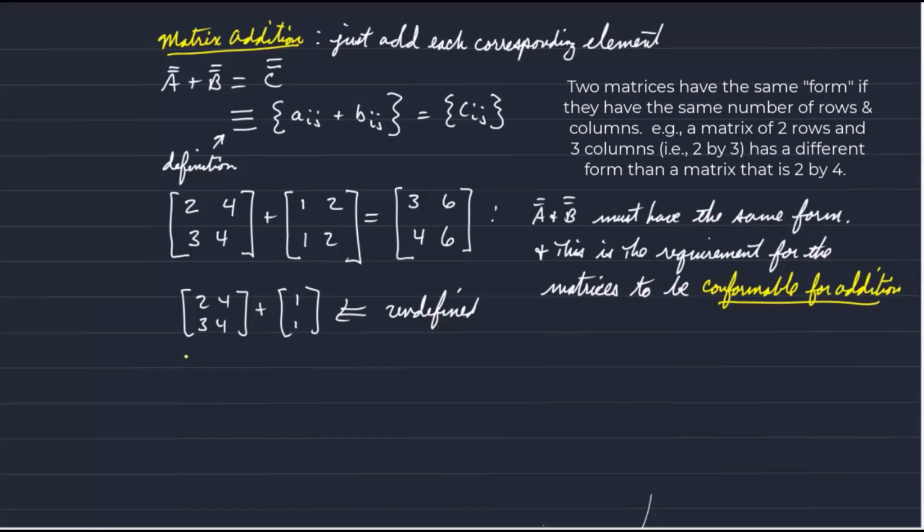So let's talk about multiplication. We'll get into multiplication here, but we'll first start with scalar multiplication. That is a multiplication of a matrix with a scalar constant. So C is our scalar number, and again we'll use capital A as our matrix.